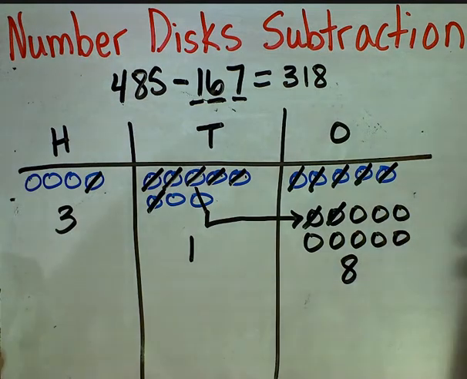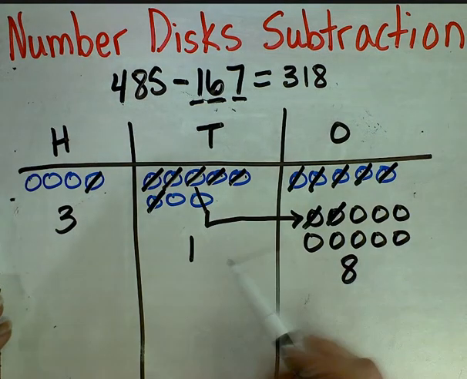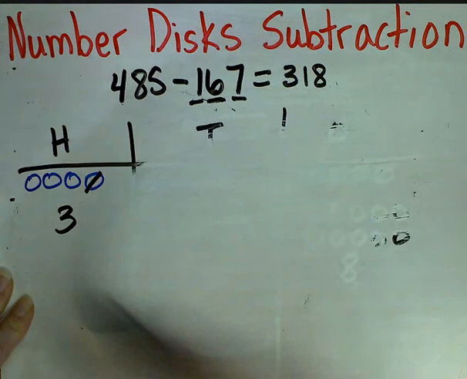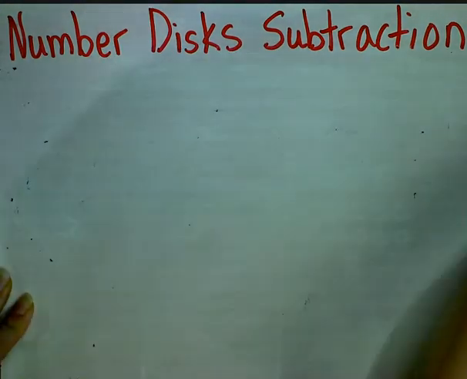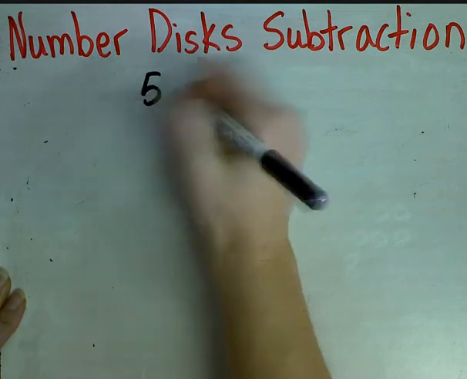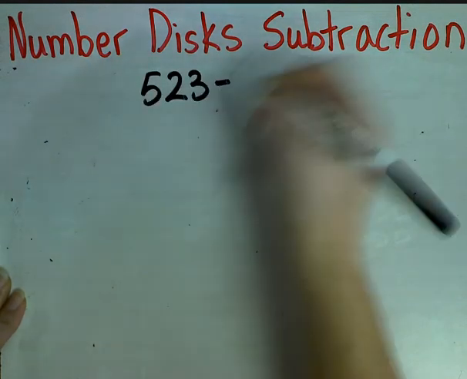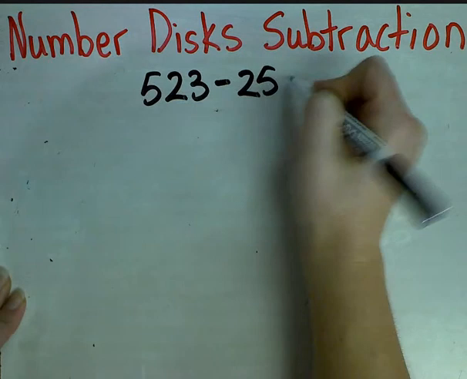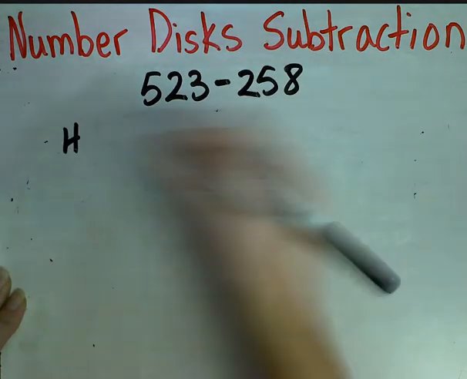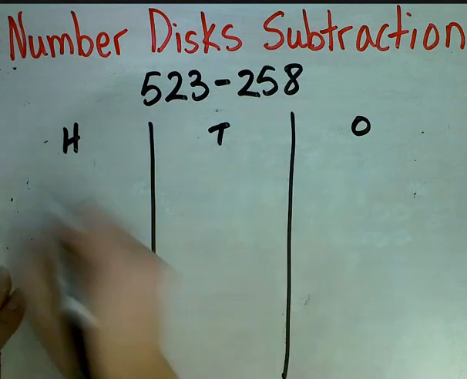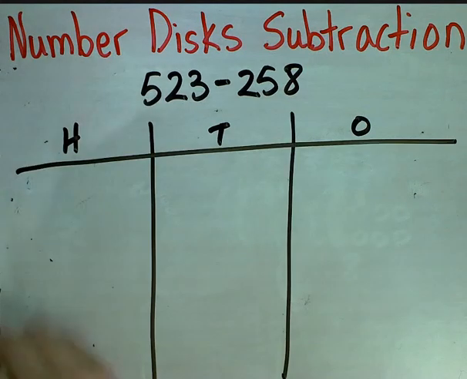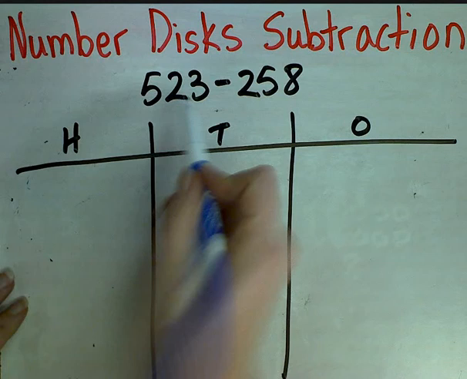Let's take a look at when we have to borrow from both the tens and 100s. In this case, we're going to begin with 523 minus 258. I'm going to draw my place value chart. And again, focus on drawing the number discs for just that first number, 523.